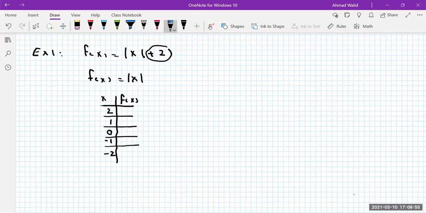Look at this. I will show some calculation, not all of them. F of x equals absolute value of x. What will be f of 2? I'll show just one point. F of 2 equals absolute value of 2, which gives you 2.